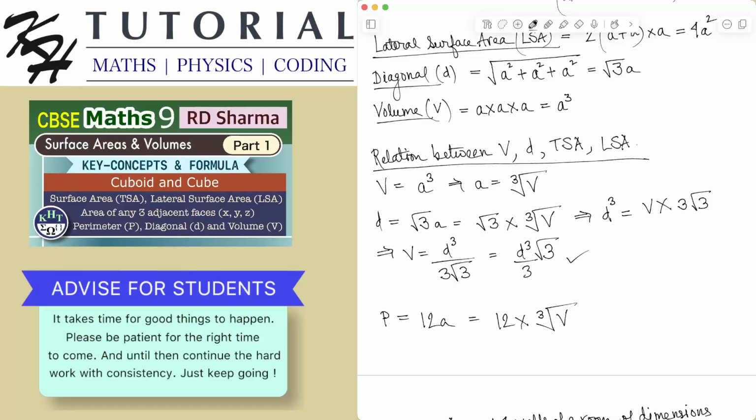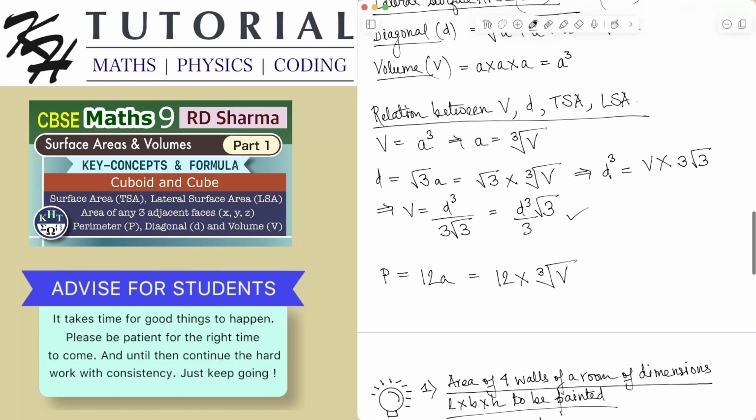So I also got perimeter is equal to 12 multiplied by cube root of V. So this is P in terms of V, but what will be V in terms of P?